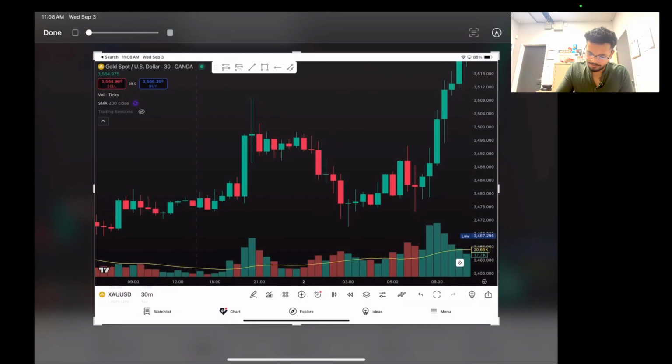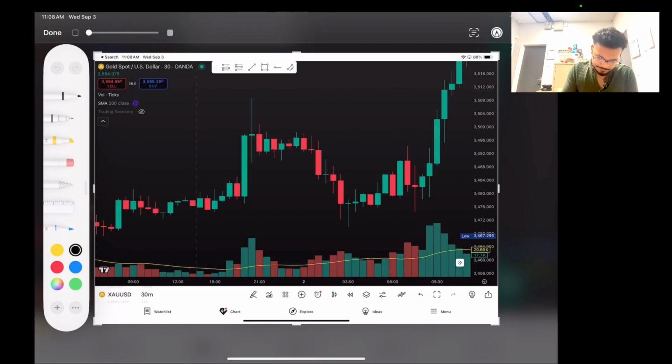We'll try to break this down as you see this big green candle forming. Wait, this is not the object eraser. We'll do green. I think green. Oh yeah, much more suited for this color. Yeah, perfect.